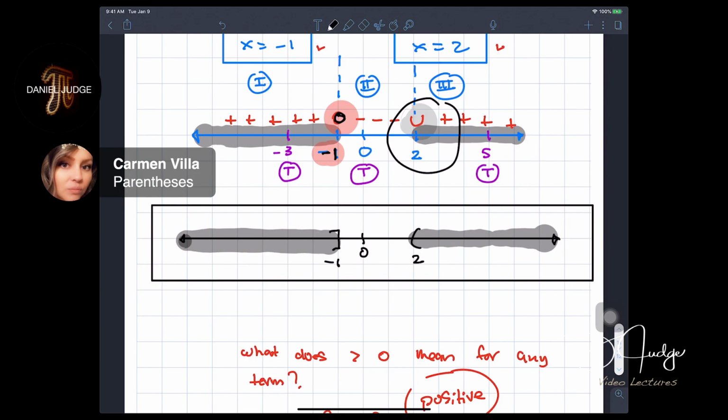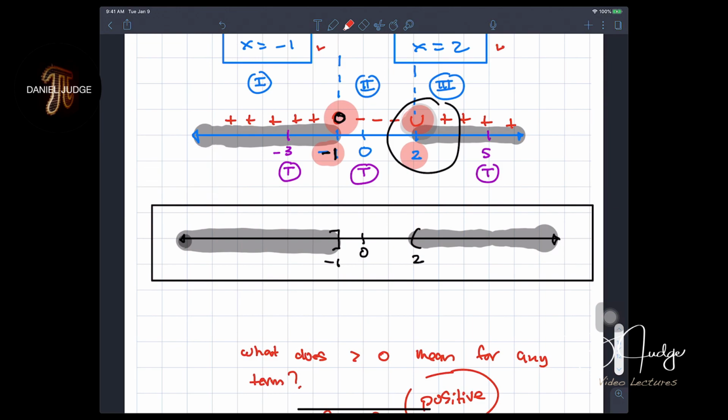Absolutely, you have parentheses. You guys know why you have parentheses? Yes. You have parentheses here, ladies and gentlemen, because when x equals 2, the fraction's undefined. Undefined means not defined. So you're done.